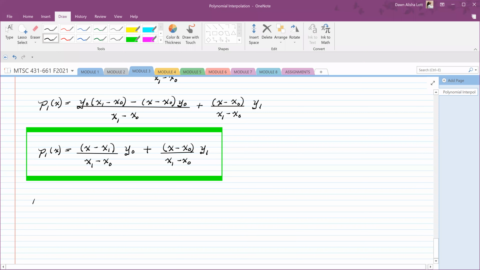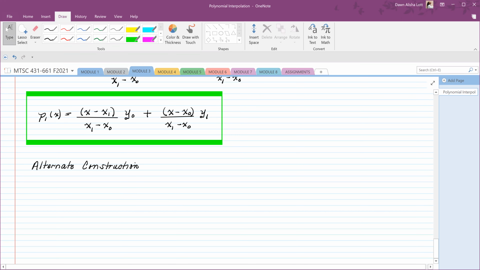We can have an alternate construction, and in our alternate construction, we can have A naught plus A1 X naught has to equal Y naught, and A naught plus A1 X1 has to equal Y1.